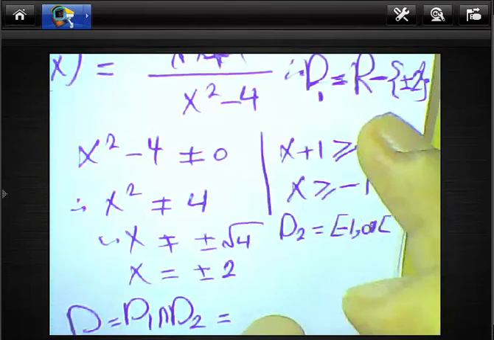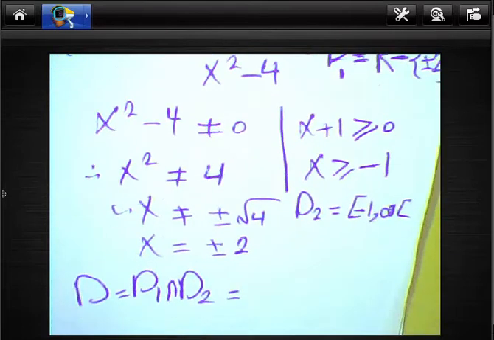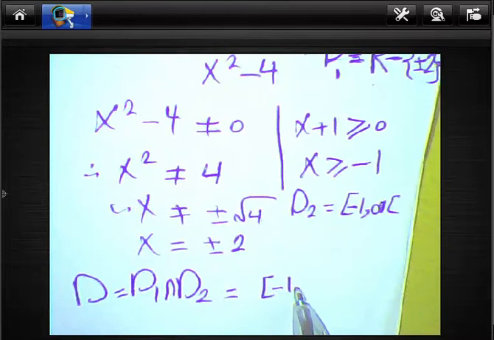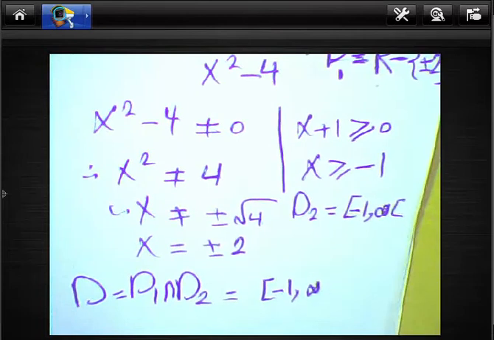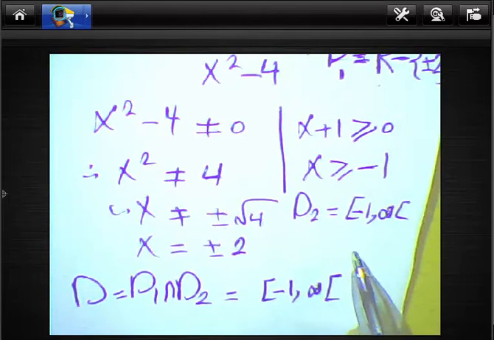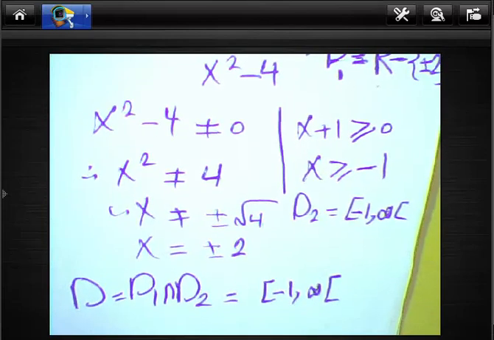So we can write -1 to infinity, and we can write this interval from 2 to infinity.